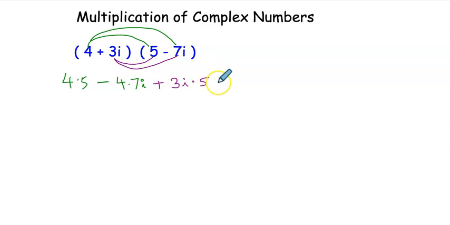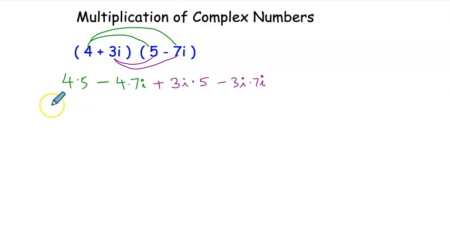Again plus times minus, minus 3i times 7i. So we did this first step. Using distributive property, we multiplied 4 with both the terms of the second complex number and 3i with these two. Now carefully we'll have to simplify.